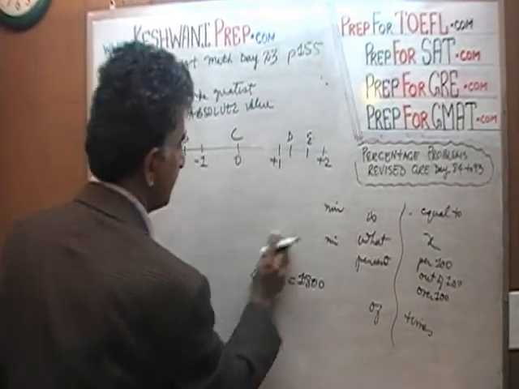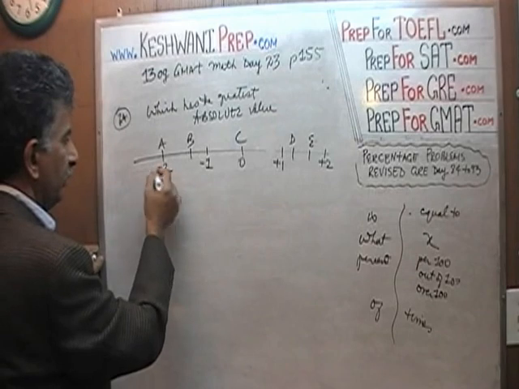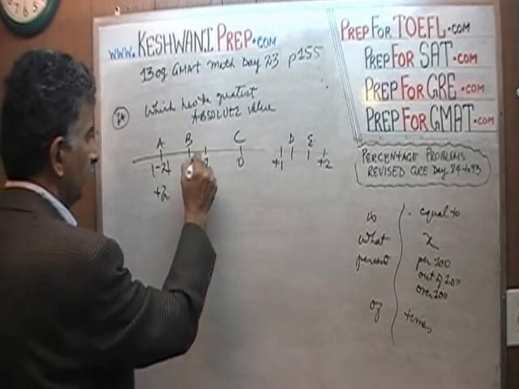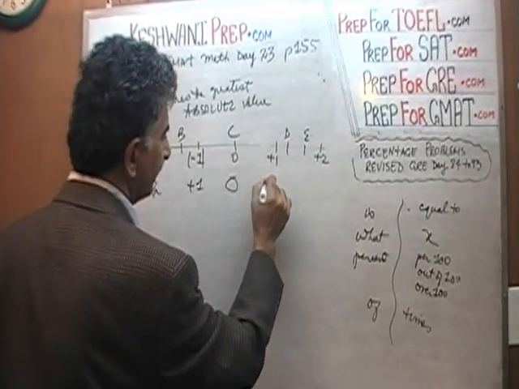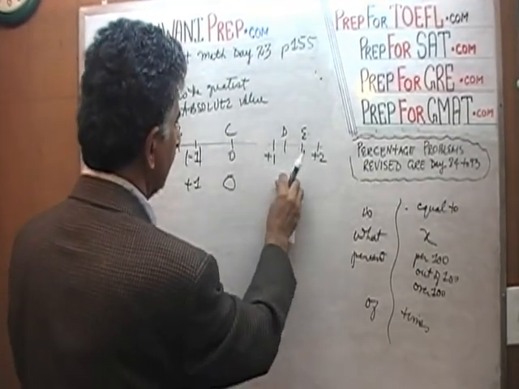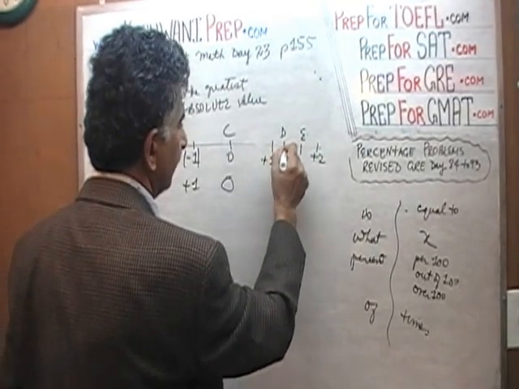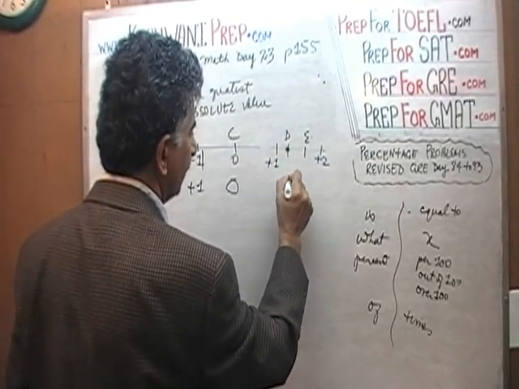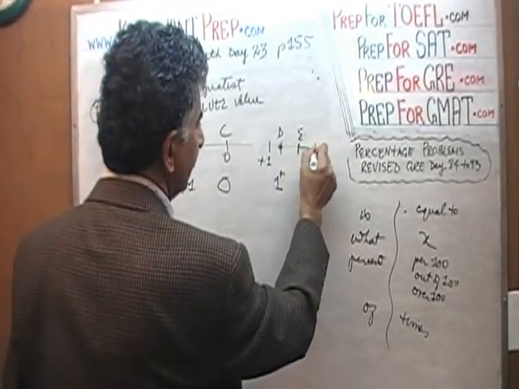So, which one has the greatest absolute value? If you take the absolute value of A, it becomes +2. Take the absolute value of B, it becomes +1 or so. C is 0. D is a little bit more than 1. And E is a little bit less than 2.